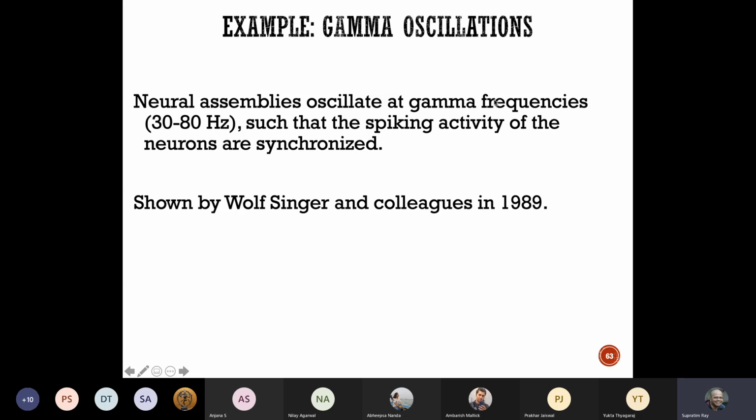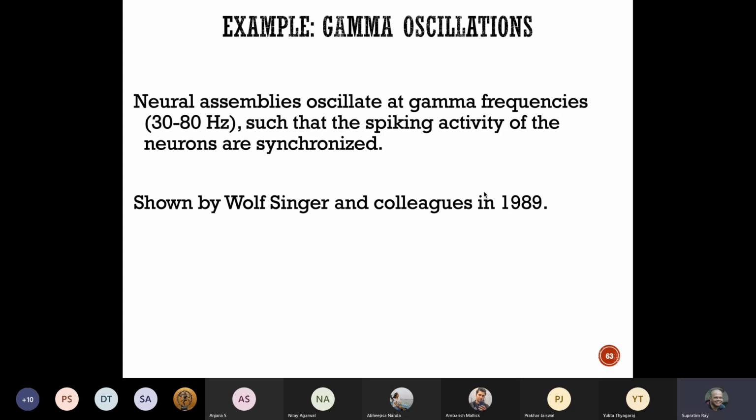It's called the gamma rhythm, which means that these neurons fire together, but also fire every 25 milliseconds, preferably. So there's a spike, and then after 25 milliseconds another spike, then after 25 milliseconds another spike, and so on. So it's synchronous as well as rhythmic.